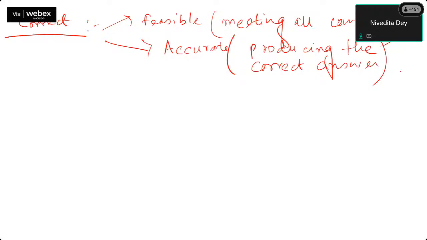Now infeasible means if a male candidate appears, it is not meeting that constraint. Or say I'm telling that okay, only the third year female topper. If second year, fourth year, first year comes, then that means they are not meeting that constraint or criteria. So they are an infeasible solution.